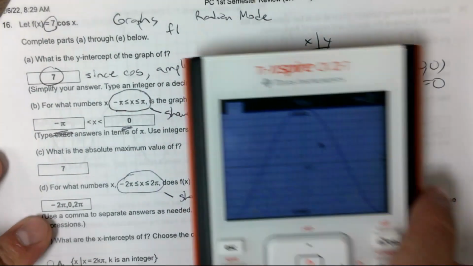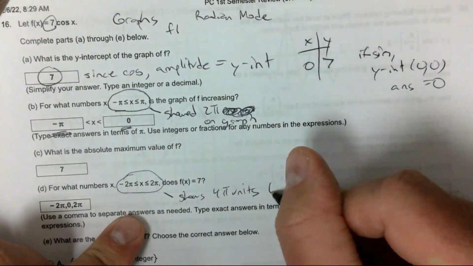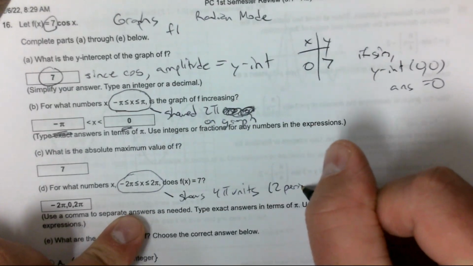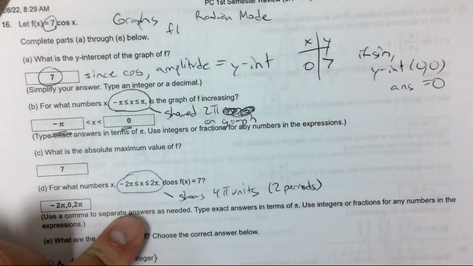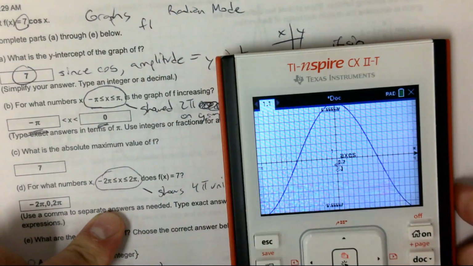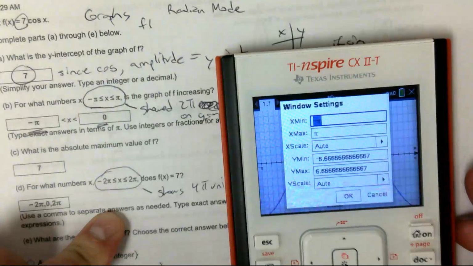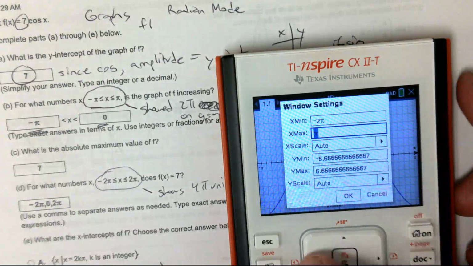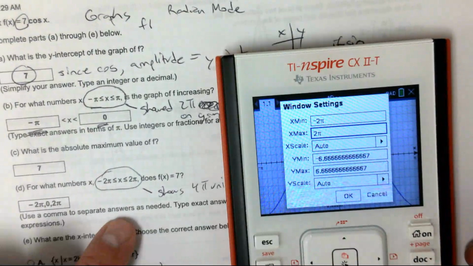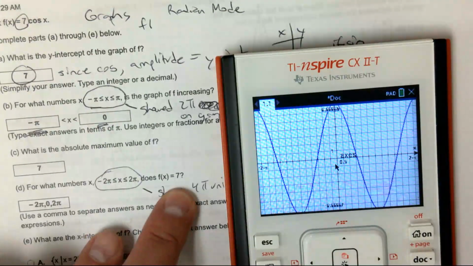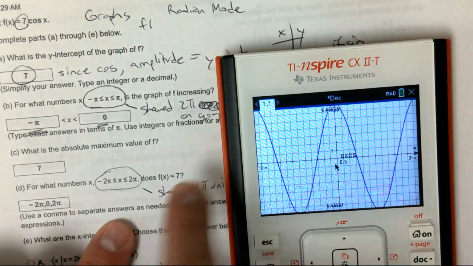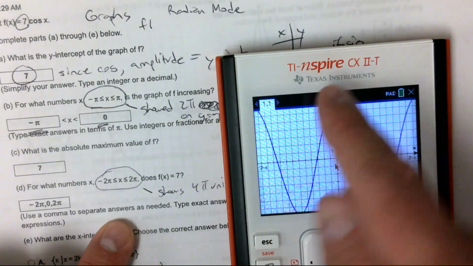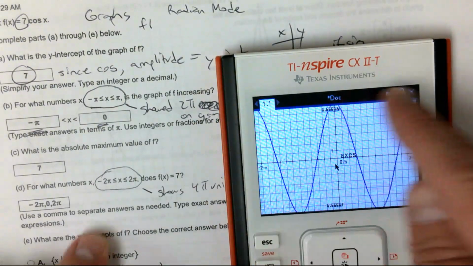So what we need to do is say that's 2 periods. And go menu 4, 1, go from negative 2 pi to 2 pi. And now we want where it's 7, which is where it's up top. So that's at negative 2 pi, 0, and 2 pi.